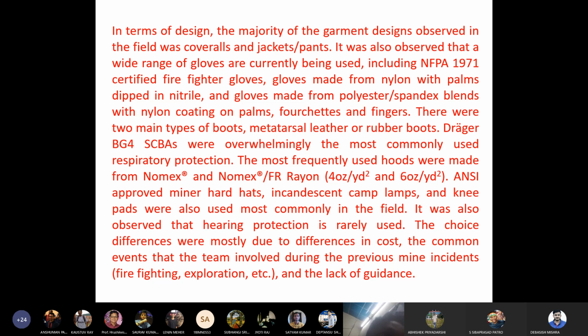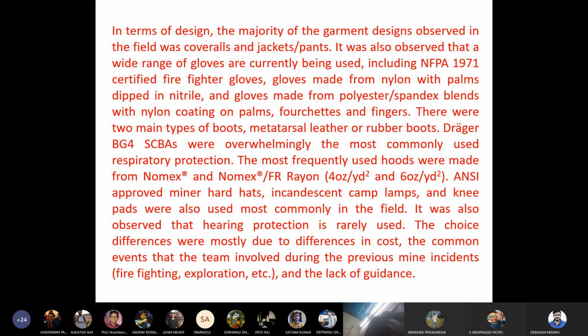Draeger BG4 self-contained breathing apparatus were overwhelmingly the most commonly used respiratory protection system. The most frequently used hoods were made from Nomex, along with ANSI approved miner hard hats, helmets, incandescent cap lamps, and knee pads.